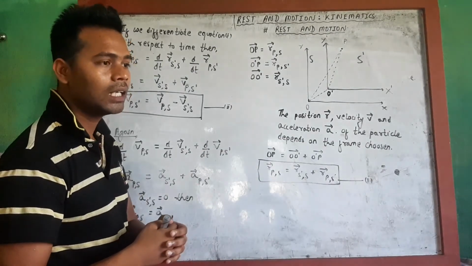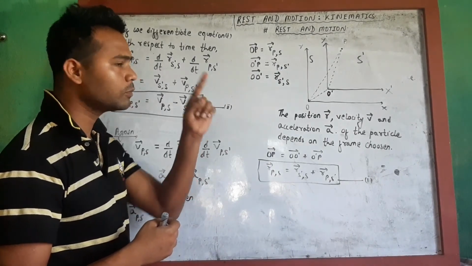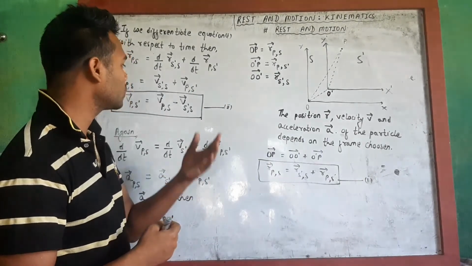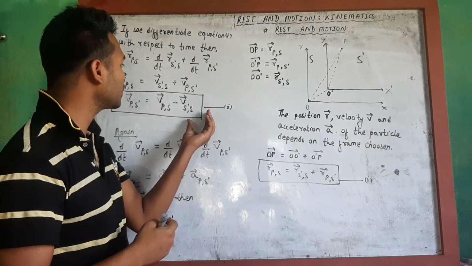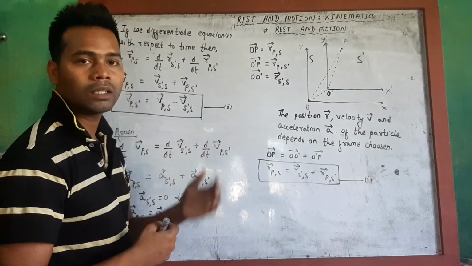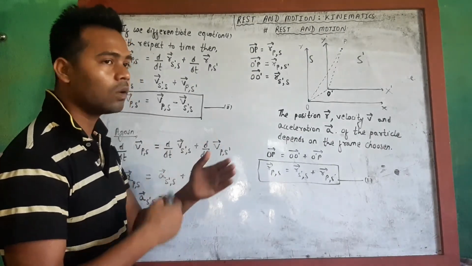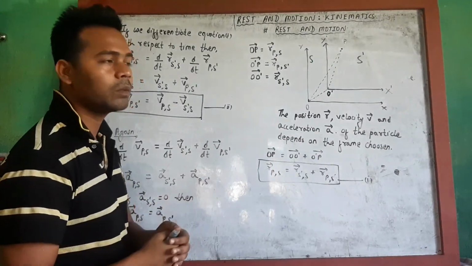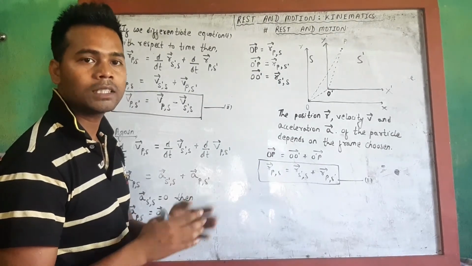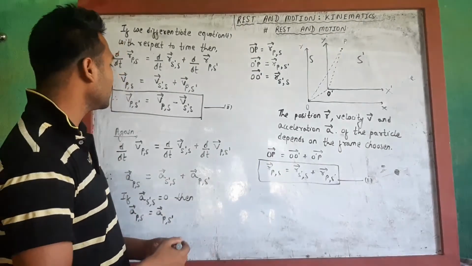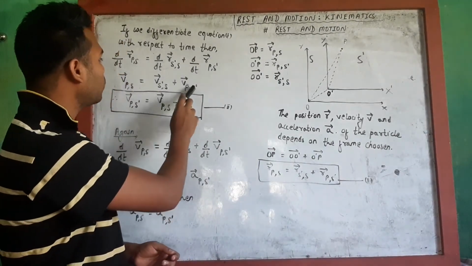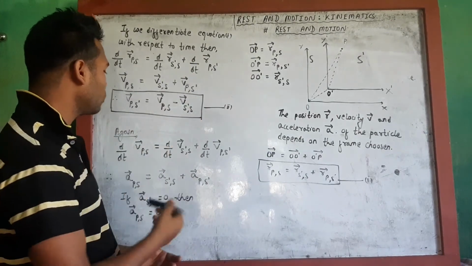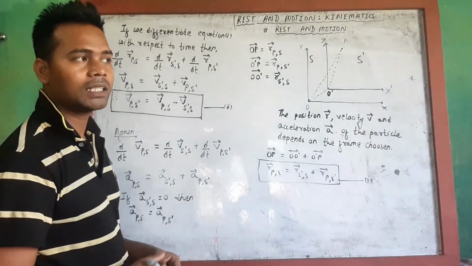The next condition is if one reference frame rotates with respect to another reference frame; then also this equation will not be correct. This equation will be correct only if one reference frame translates with respect to another reference frame with very small velocity.